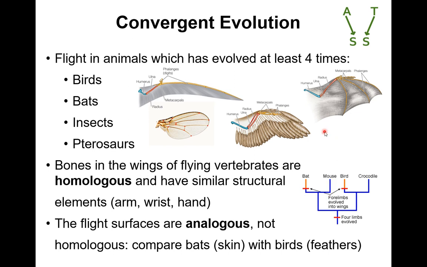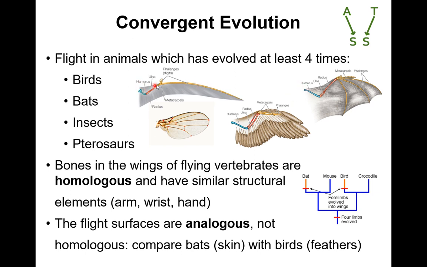Now, if you look only at the pterosaurs, birds, and bats, you may say, well, it's true: if you look at the surface used to fly, yes, this is an analogous type of character.